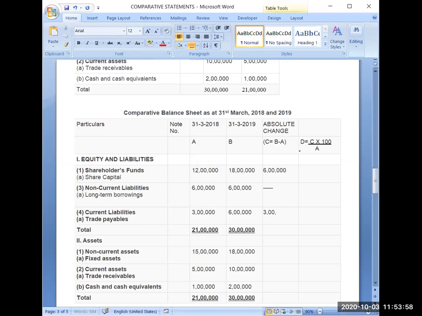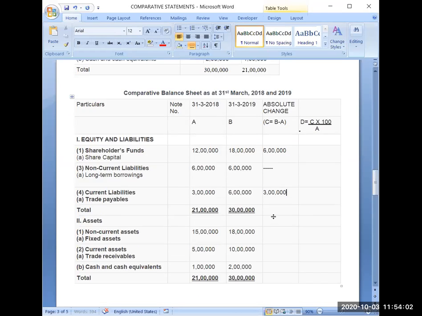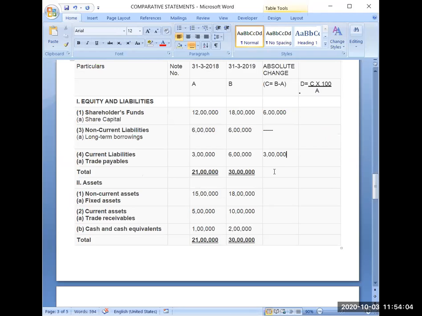Somehow, if you do not write the data properly, you will be reversing the things and then all your answers will become incorrect. 30 lakh minus 21 lakh, it will become 9 lakh. For each and every row, you have to do the same procedure. Then 18 lakh minus 15 lakh, it will be 3 lakh. 10 lakh minus 5 lakh, it will be 5 lakh.